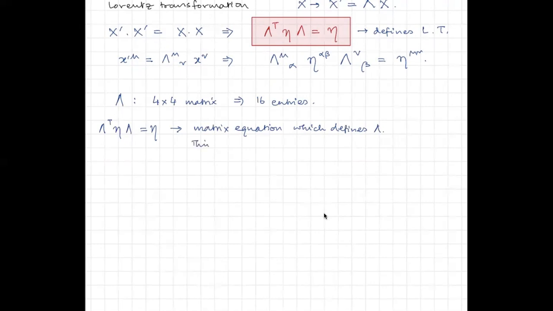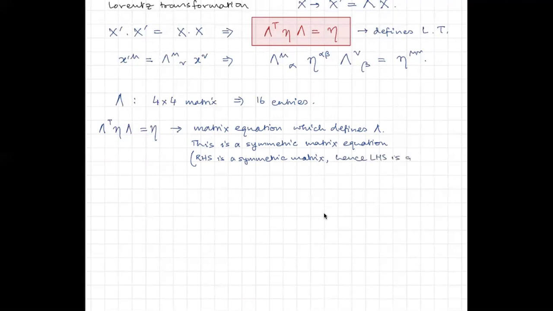This is a symmetric matrix equation. As I said, the reason is very easily seen because the right hand side is a symmetric matrix, hence the left hand side also has to be symmetric.